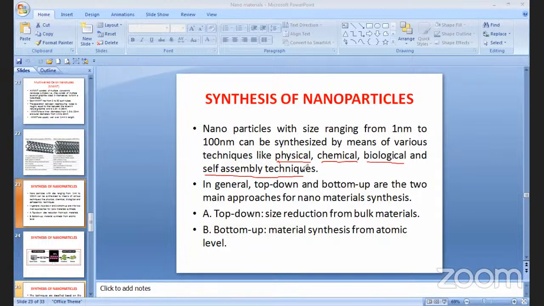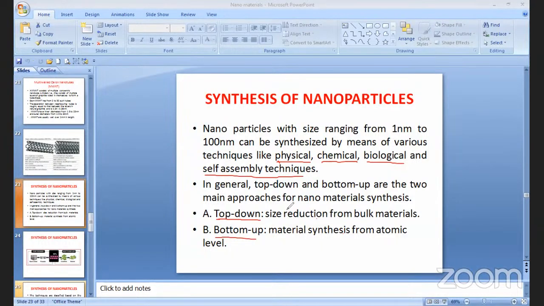Okay, so among these synthesis methods, in general we have two types of approaches to form nanomaterials: the top-down method and the bottom-up method. The top-down method involves size reduction from bulk materials, whereas in the bottom-up method, materials are synthesized from the atomic level, from low level to high level.